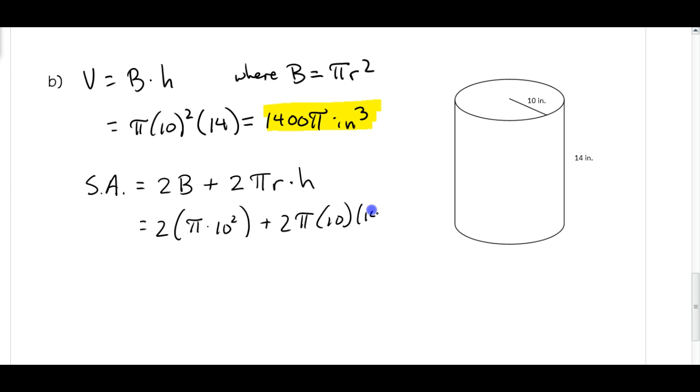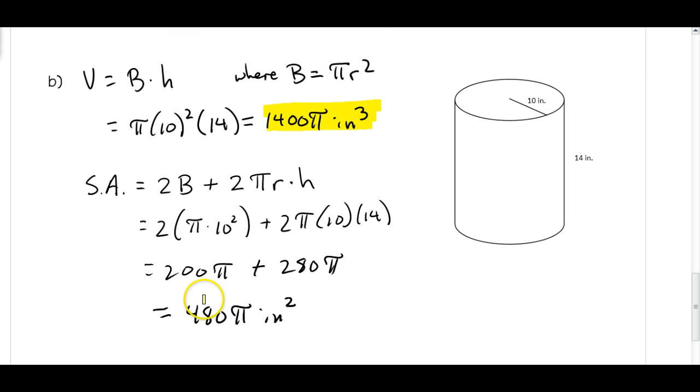So this is 200 pi, and this is 280 pi, for a total of 480 pi inches squared for our surface area.